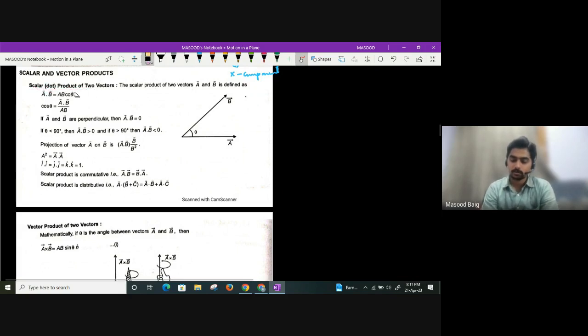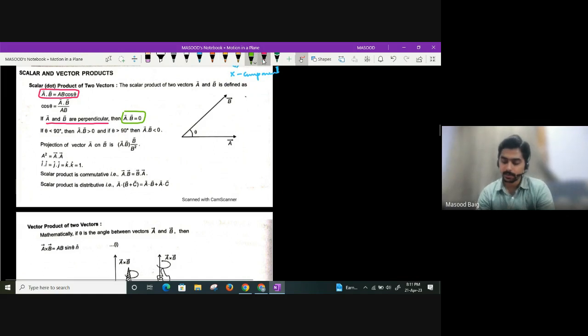If we are doing the dot product, a bar dot b bar, I can write it as a into b cos theta. Always remember, if a bar and b bar are perpendicular, their dot product will be 0. For two perpendicular vectors, the dot product will always be 0.